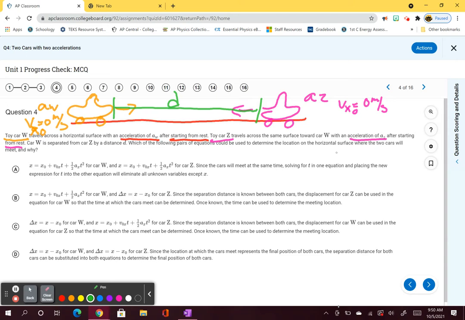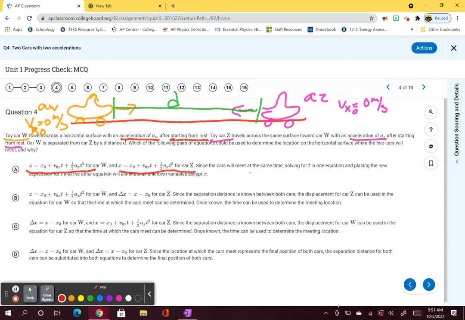But we want to know when the two will meet. If they're going towards each other, and we don't know if these numbers are the same or not, we want to know when they'll meet. So let's look at A. A states we're going to use the second equation in our formula chart for car W and that same exact equation for car Z.